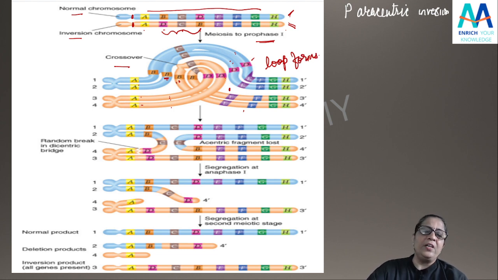After the formation of the loop, there will be a crossover here. You can see here it is a crossover.